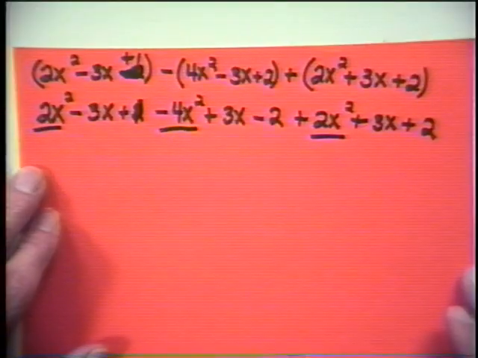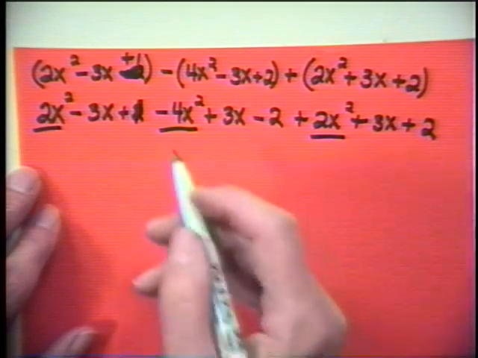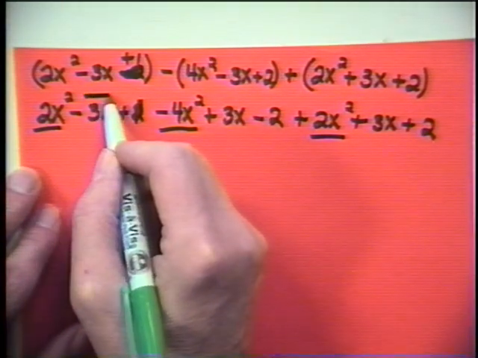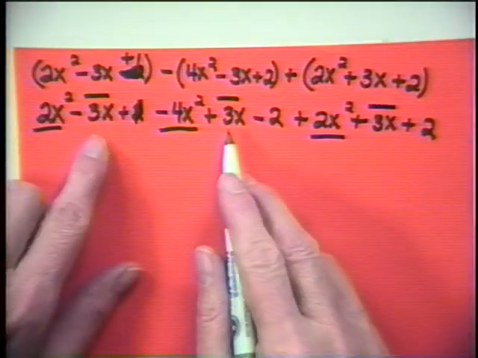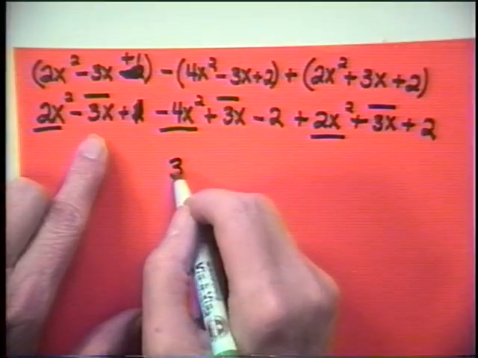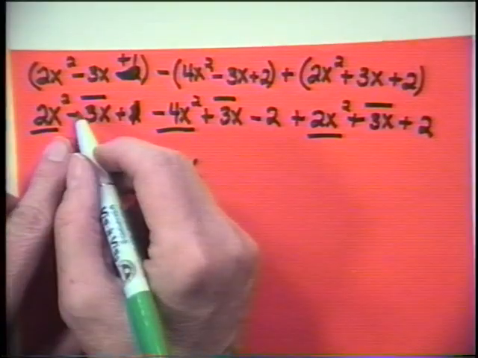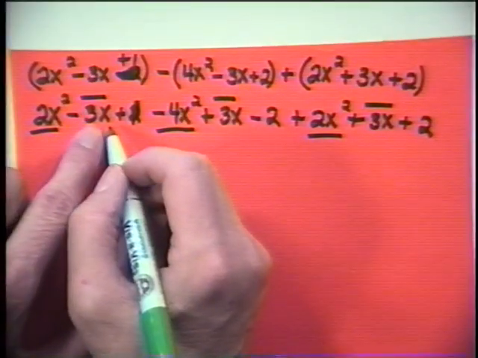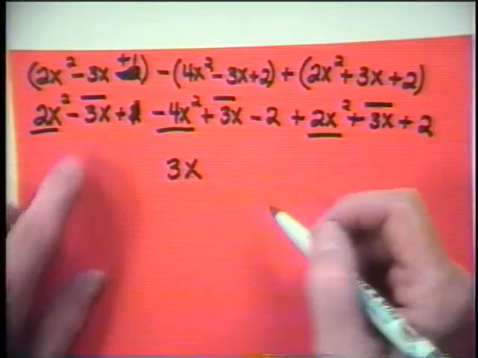They're going to add up to 0, aren't they? Then we're going to combine this one and that one. These two will add up to 0, plus 3x will give me 3x. A negative 3x, remember this is plus a negative, so negative 3x plus 3x would be 0. 0 plus 3x would be 3x.